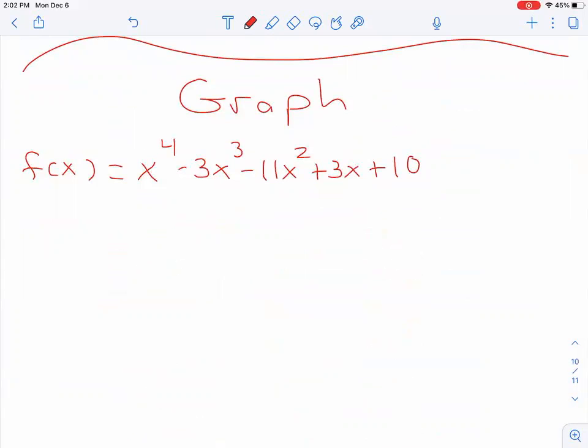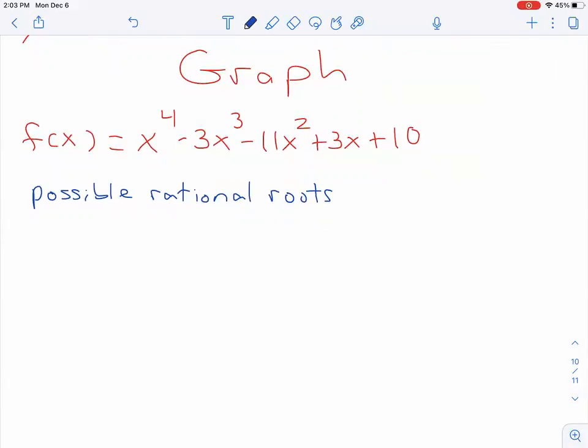So here is a process we're going to use to find the possible rational roots. Here's how we find them. We take values of factors of the last term.